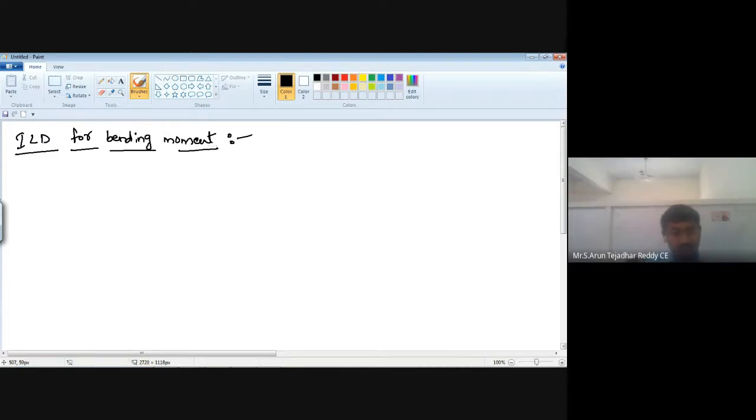My question is: find out the influence line diagram for MC. MC means bending moment at C. This is my question. Can anyone solve this question?